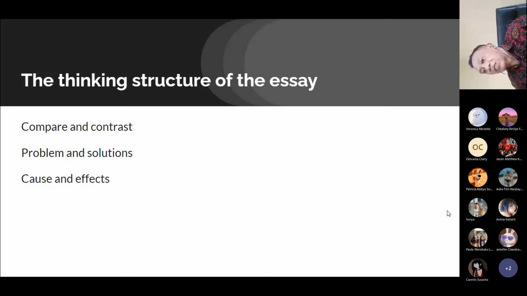So cause and effect essays examine an event or situation. You need to explain how a certain event or situation came into being, that is the cause, and what is happening because of this event or situation, the effect. In other words, the purpose of these types of essays is to explore the why or how of a situation. Okay, for example, let's see what is happening now.